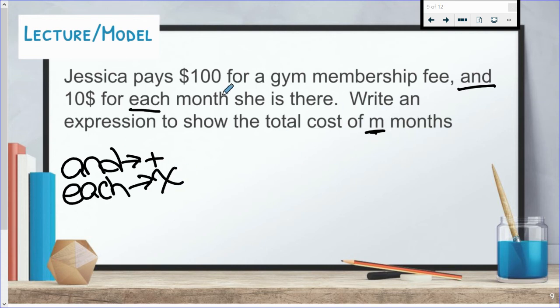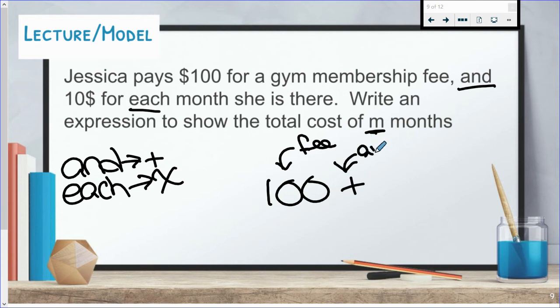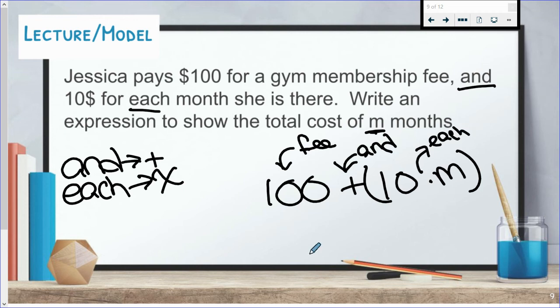The first thing we have is the 100, the fee that you pay to join, plus, which is the and. Then $10 for each month we can represent as 10 times M, because it's $10 each month. We can simplify that to just say 100 plus 10M. We don't need the multiplication sign because it's already implied.